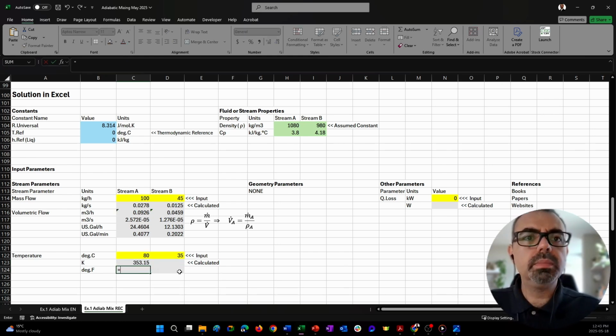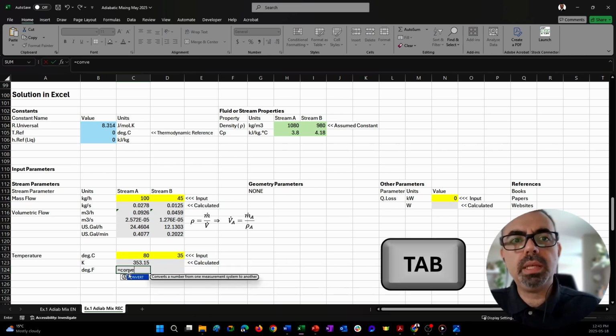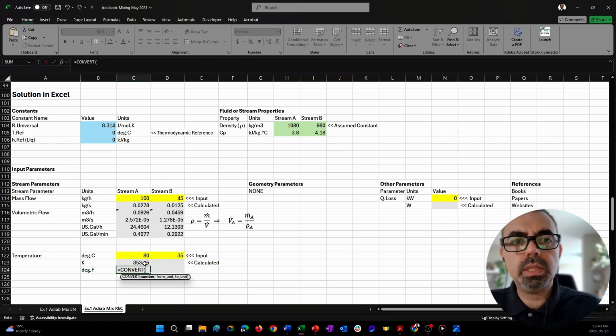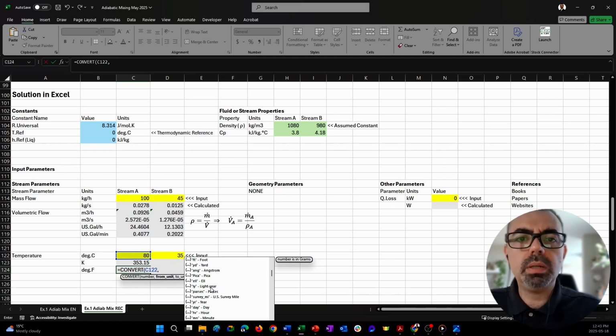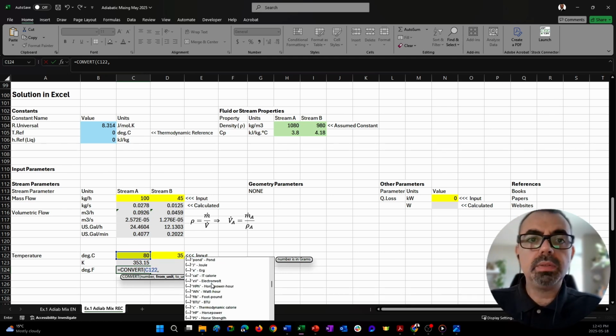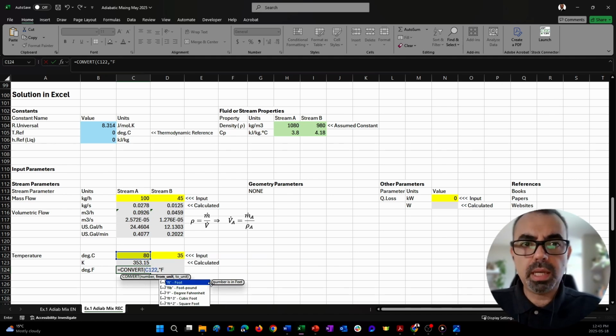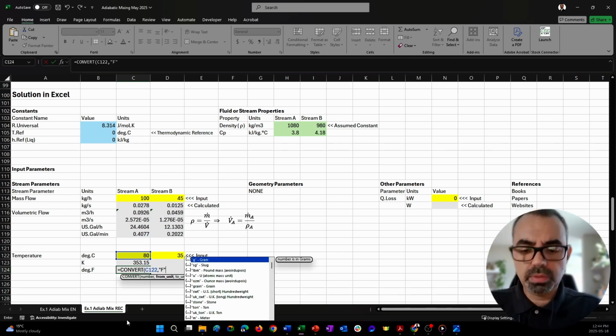One more time. Convert. I press tab here to complete the writing, and you see it will give me an opening bracket. Select temperature from Kelvin. I can also manually type it. So I'm going to open brackets, F for Fahrenheit. You will see it will start telling me which are the units that start with the letter F. And then I close.